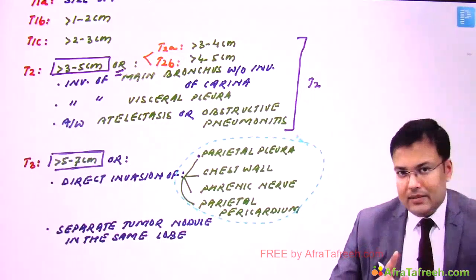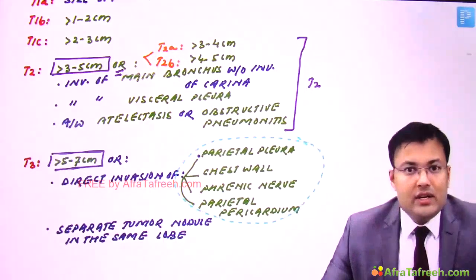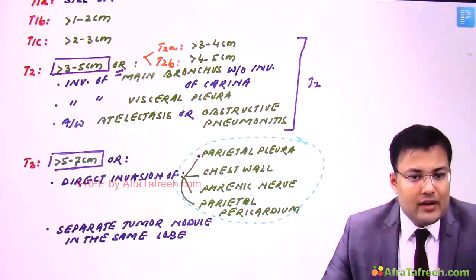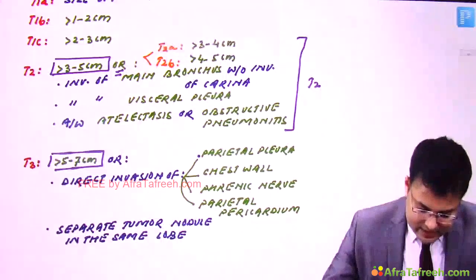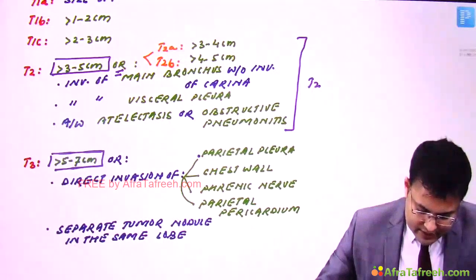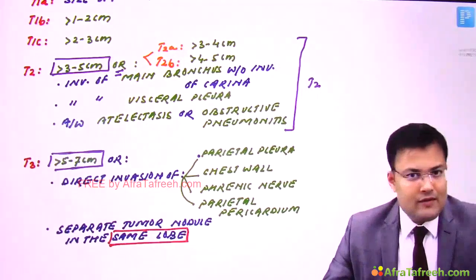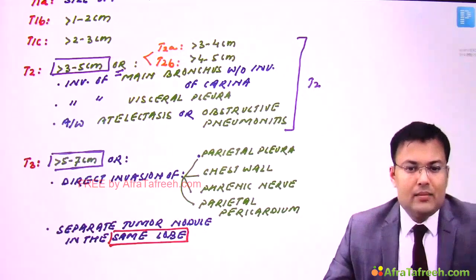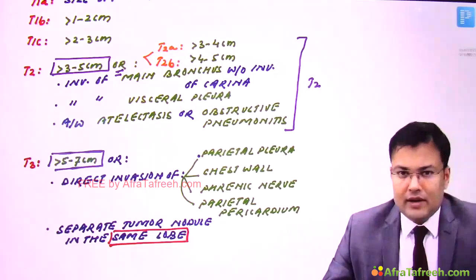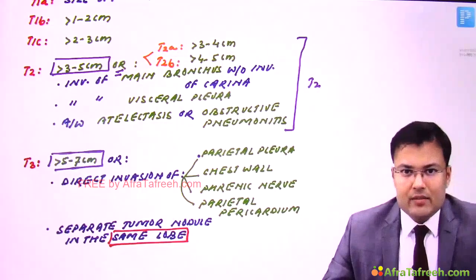And if there is a separate tumor in the contralateral lung, then it is included in metastasis, and that is M1. Clear? So here you can see that there is a separate tumor nodule in the same lobe. Okay, so in T3 the size should be more than 5 to 7 centimeter, or involvement of parietal pleura, parietal pericardium, chest wall or phrenic nerve, or there is a separate tumor nodule in the same lobe.